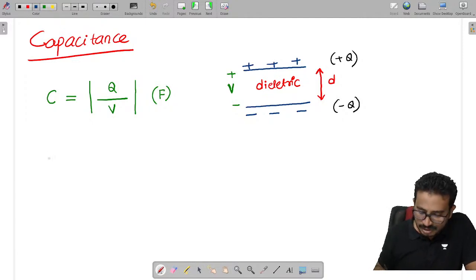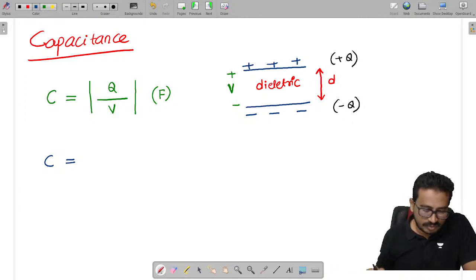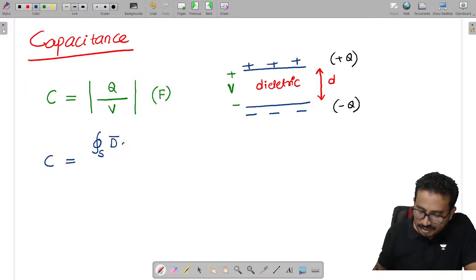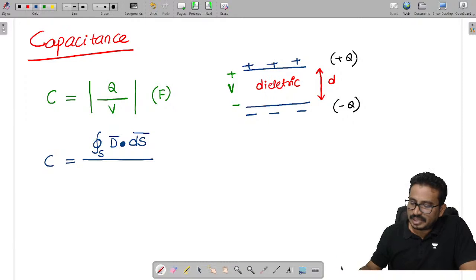Now you see how we can modify this formula. Q is the charge. According to Gauss law, Q is equal to flux, which we can write as the surface integration of D dot ds. All of you remember this formula, right? Divided by V. What is E? It is the electric field.